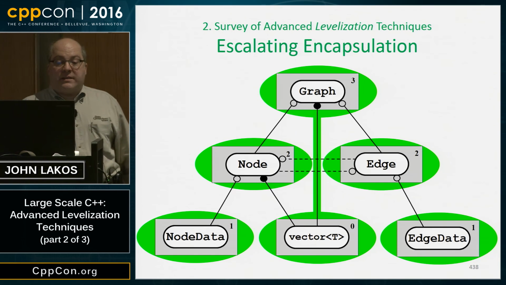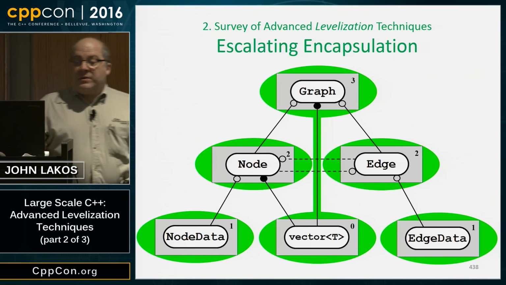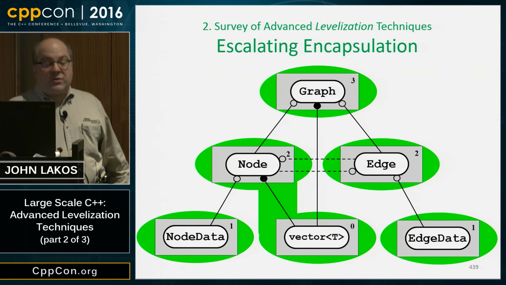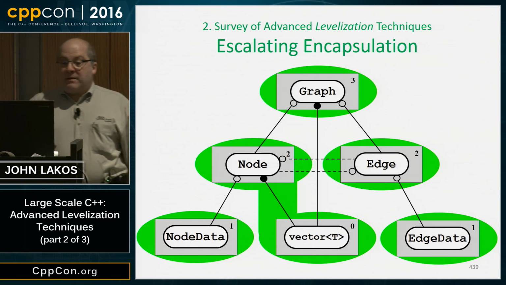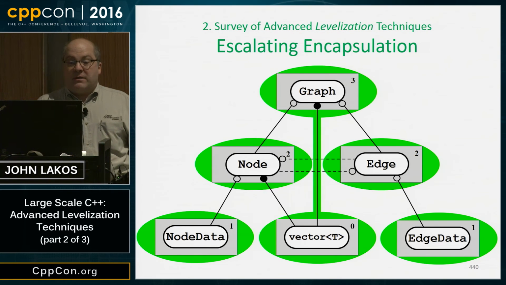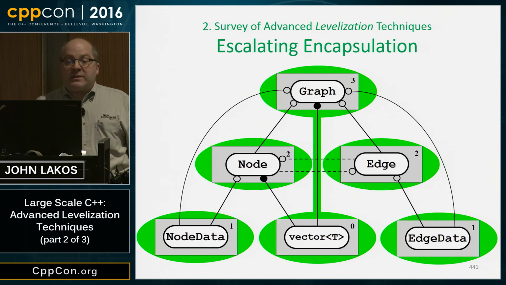The only thing that isn't, both graph and node, if you look, don't expose vector in their interface. So these are the two spheres of encapsulation right now, or the two joint spheres of encapsulation. Okay? Then suppose I say that I'm going to expose node data and edge data only out of graph, but I'm not going to expose node or edge.